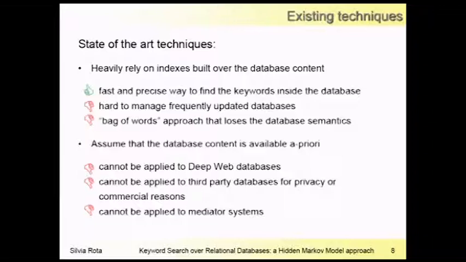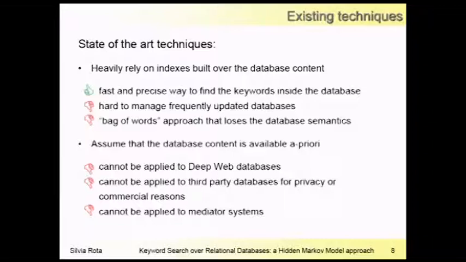So, the state-of-the-art techniques, in order to build an index, make the assumption that the database content is available a priori. This assumption is valid in some contexts and not in others. For instance, it's valid if you are providing keyword search for an internal database in a business, because the business owns the database and has access to the content.